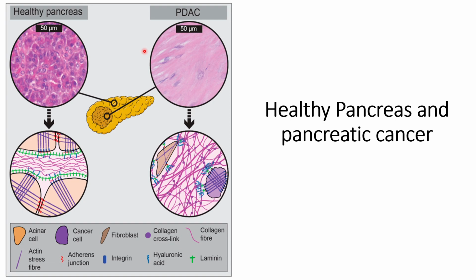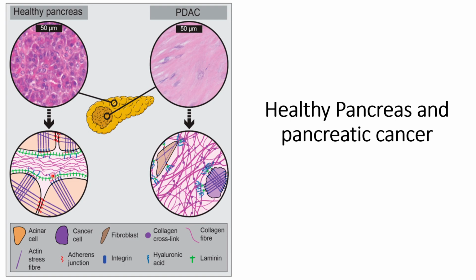cancer types. So let us zoom into the healthy pancreas and the pancreatic cancers, and this is the schematic view of what is actually going on in the healthy pancreas. We can see that the laminin is there.